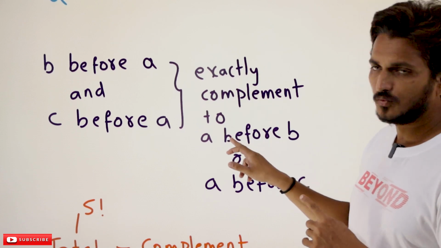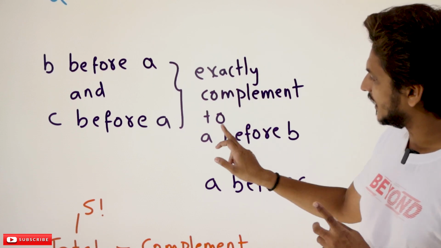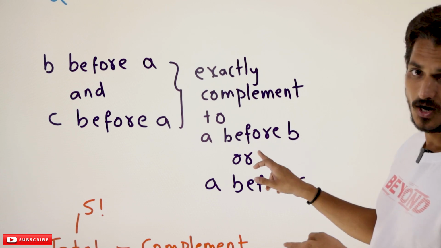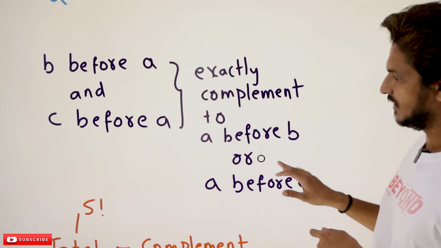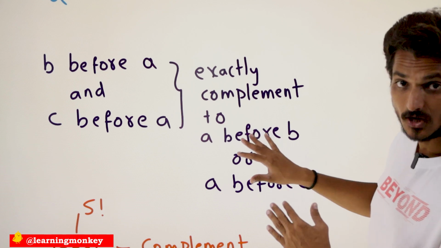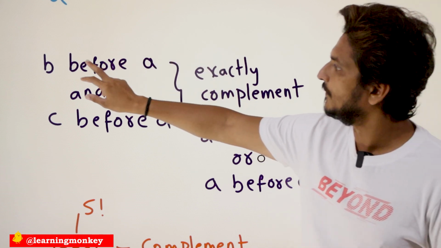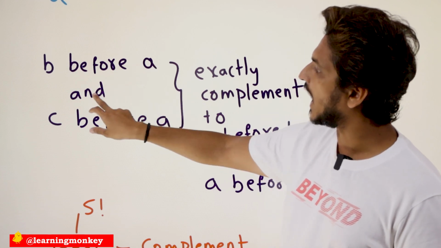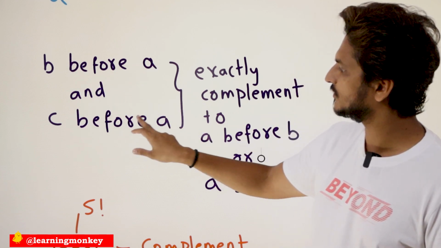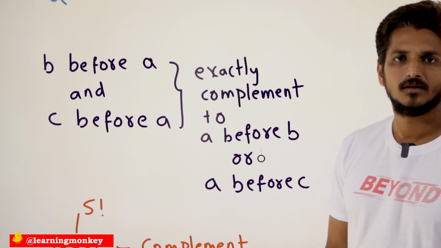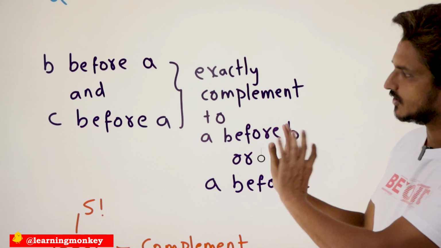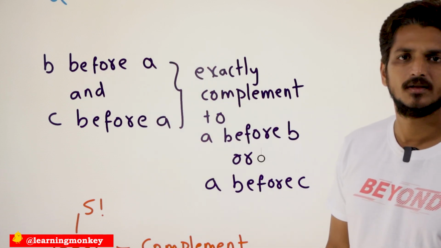This is our condition: A before B or A before C. What is exactly the complement of our condition? If you write the complement, it is B before A and C before A. For this condition, the exact complement is this.